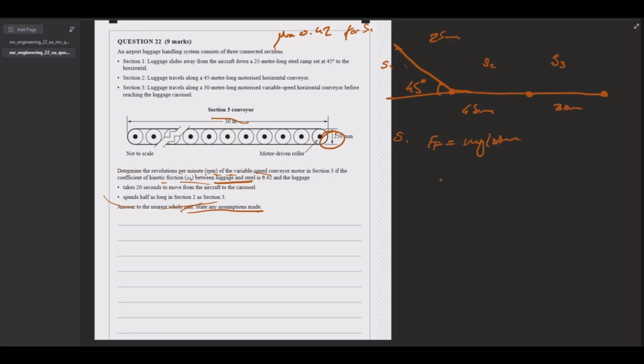This is a really powerful formula for engineering. We do not know the mass, but we don't need to know the mass because we're just looking for acceleration. So let's remove that and sub in: sine 45 is root 2 over 2, minus 0.42 times root 2 over 2.